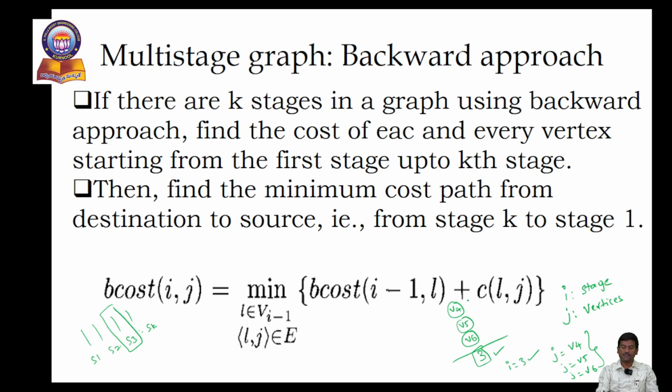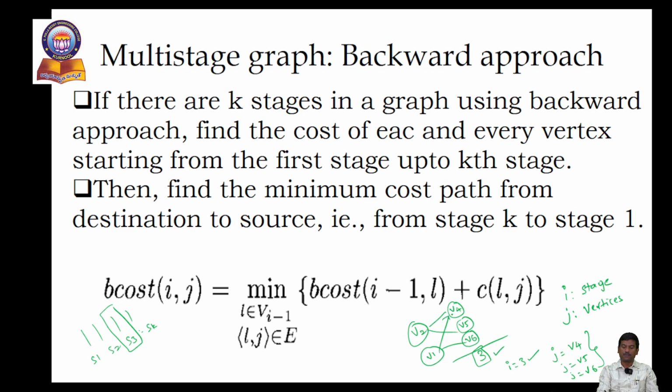And take for example, this vertex has been connected to V2, and this has been connected to V1, and similarly there are certain edges connected in this scenario. How can you understand the backward approach?